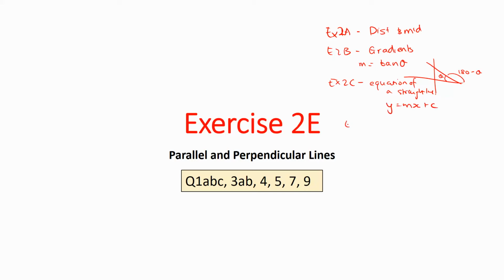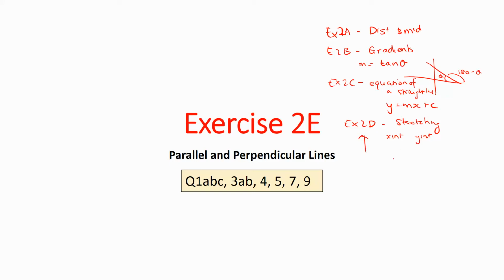And then 2D, I did the video on this, which is sketching the equation of a straight line. And I showed you the x-intercept and y-intercept method. Now, once you know that method, there are parallel lines and perpendicular lines to focus on.